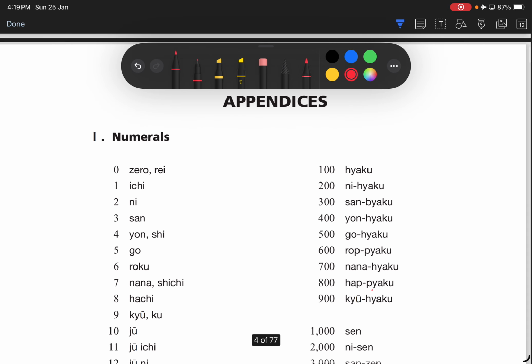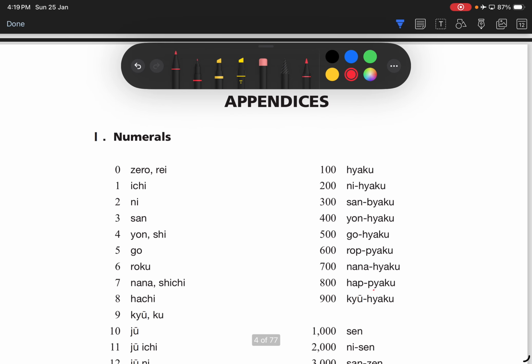Is it not there? Let me see. It's not here. You search this one for me. Don't have. This is a terrible printing.